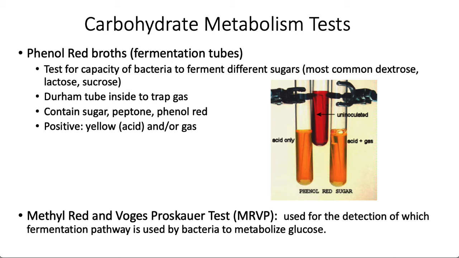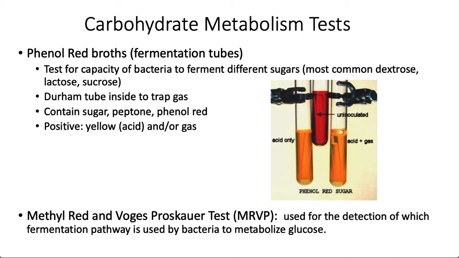Actually, they are not obligate aerobes, but they are non-fermenting microbes. So there are bacteria that will grow in phenol red broth because they are going to degrade the peptone. They are not going to touch the sugar.